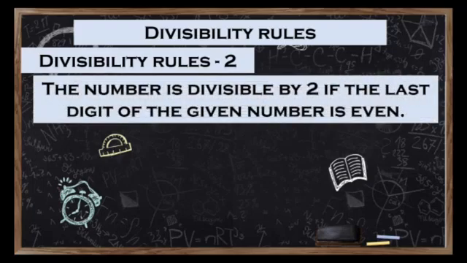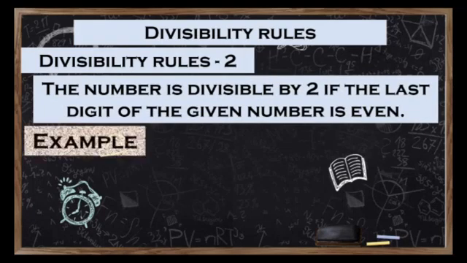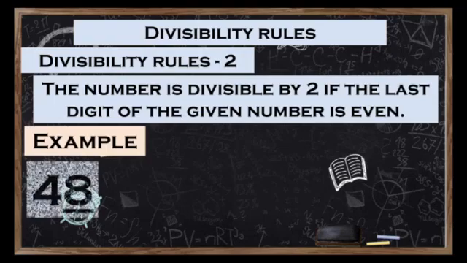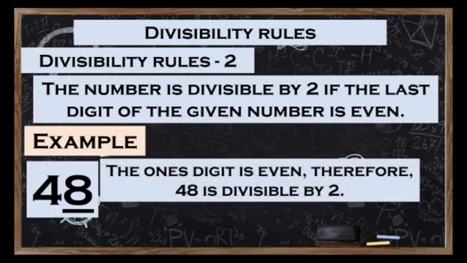The number is divisible by 2 if the last digit of the given number is even. Example, 48. The ones digit is even, therefore 48 is divisible by 2.